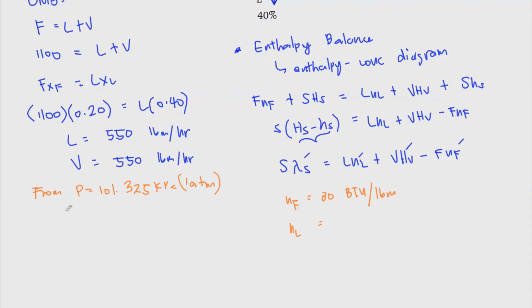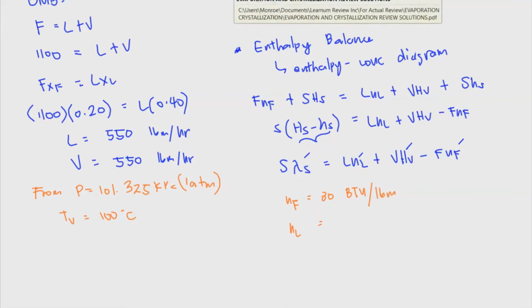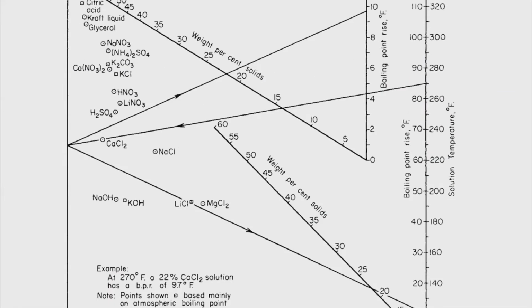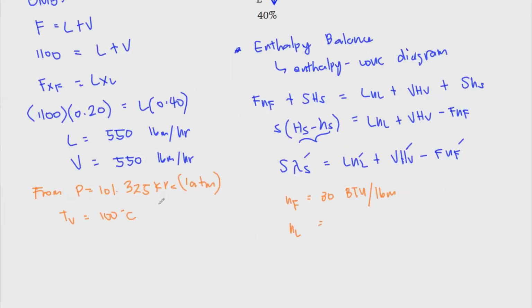We know very well that this is the TV, and the temperature at the vapor chest is, of course, 100 degrees Celsius, because that's 101.325 and it's saturated. I hope you already know that, because that's how it works for 1 atmosphere. So going back to that figure, that's 100 degrees Celsius, which is equal to 212 degrees Fahrenheit. So we already have this TV.